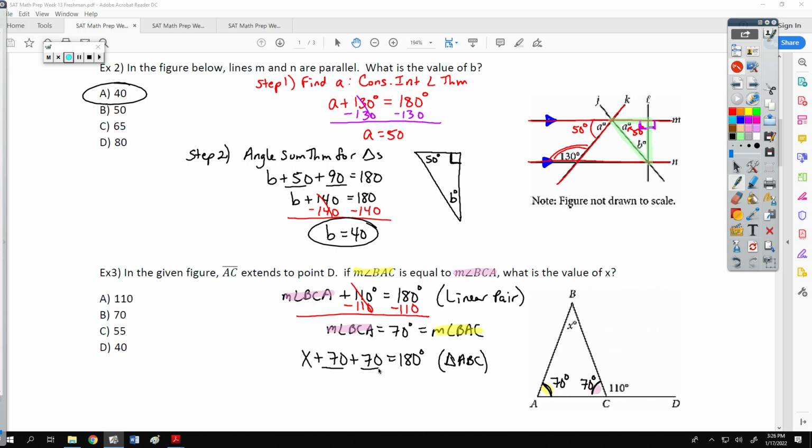Combine like terms gives us x plus 140 equals 180. And then we would simply subtract 140 from each side of the equation, and we would get our answer that x is equal to 40.